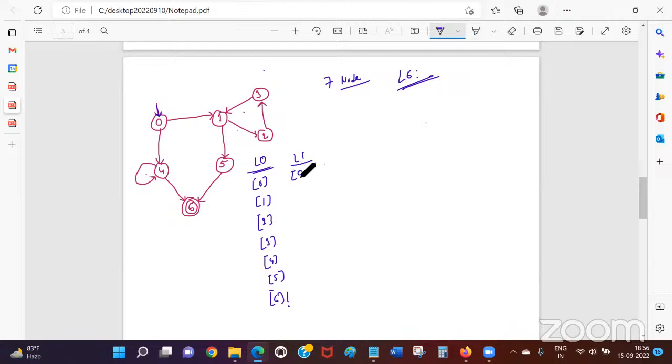So with 0, what can I have? With 0, I can have 0, 1 and 0, 4. Right? Okay. Now from 1, what can I have? From 1, I can have 1 to 2, and I can have 1 to 5.